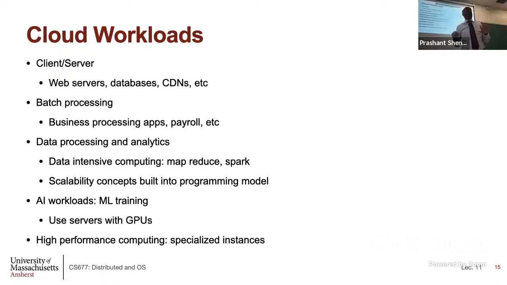GPU servers cost money, but it's still more cost effective than buying lots of GPUs and then just running your training for shorter periods of time. If you have lots of demand, then you should provision your own servers. And then there's high performance computing, which requires you to run parallel applications. So all kinds of workloads run on these cloud services these days, everything from interactive to batch to ML training.